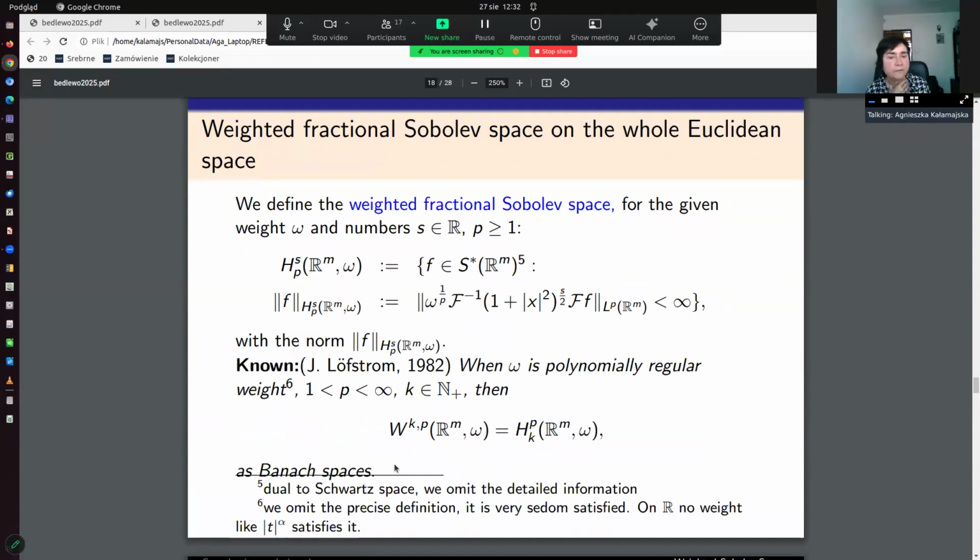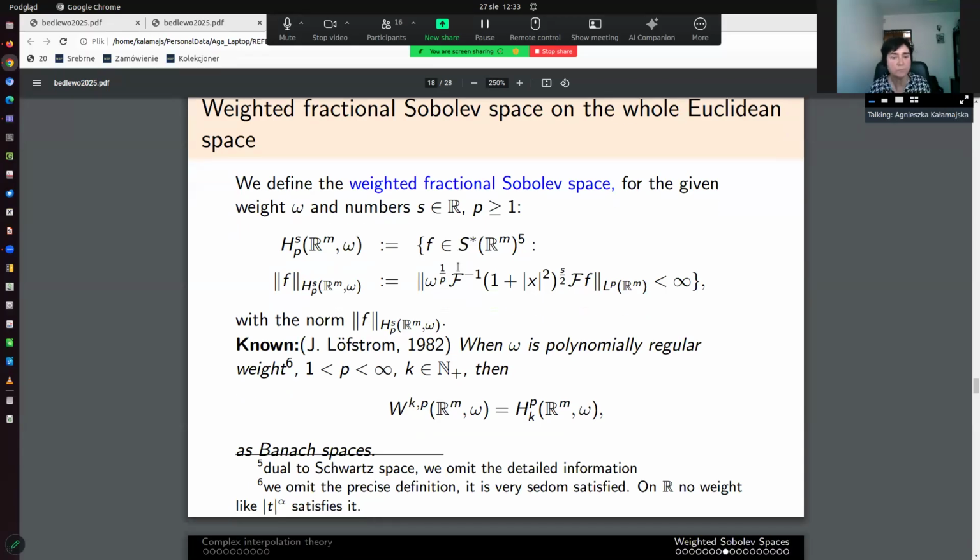So first of all, you define it on the Schwartz distributions, the dual space to the smooth functions, and on that space you can also define the Fourier transform by evaluation. The Fourier transform of the functional is the evaluation of that functional on the Fourier transform of the element. So that's why I have written S star, but I wanted to omit this information because it's too much to say.